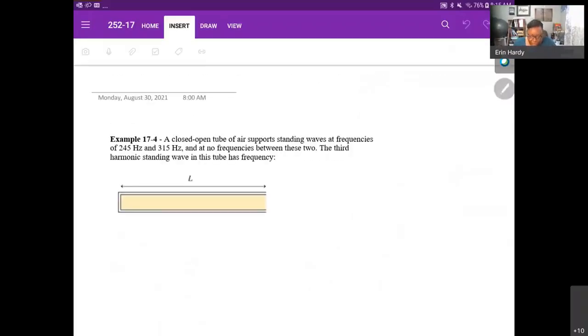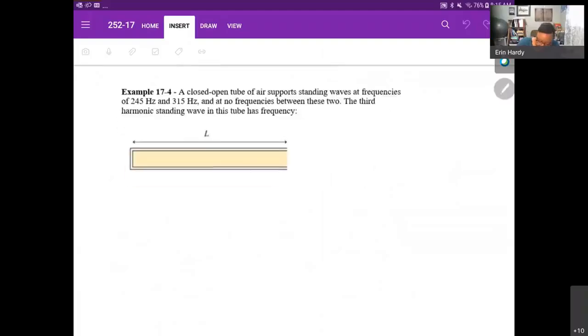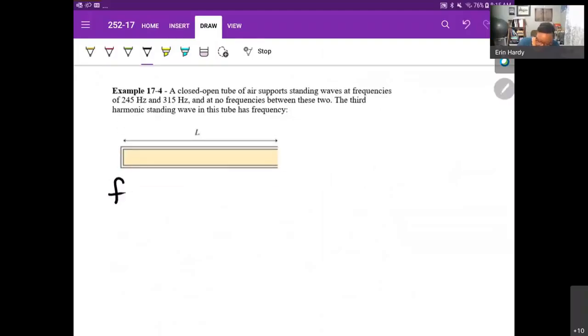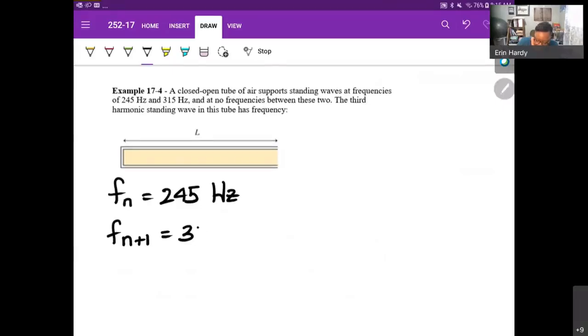So we've got a closed open tube of air. There are standing waves at 245 hertz and 315 hertz. Let's start with the same assumption here. f sub n is going to be 245, and then f sub n plus 1, the next highest allowed standing wave, is 315.